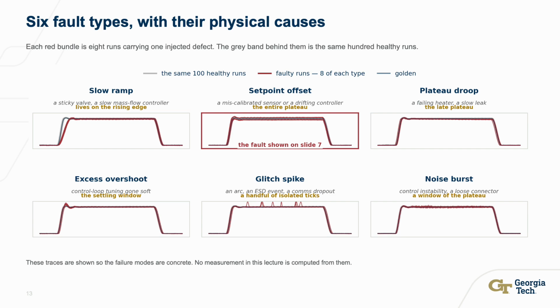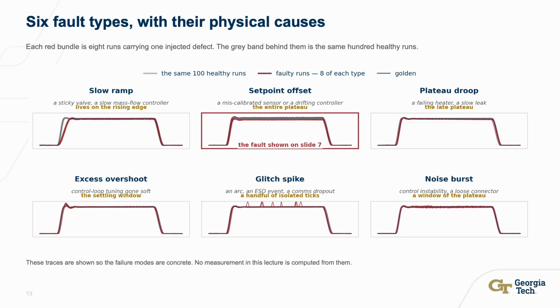Plateau droop: a failing heater or a slow leak, so the level sags over the hold. Excess overshoot: the control loop tuning gone soft, so it rings longer. Glitch spike: an arc or ESD event, a brief disturbance. Noise burst: control instability or a loose connector, so a stretch of the plateau becomes abnormally noisy.